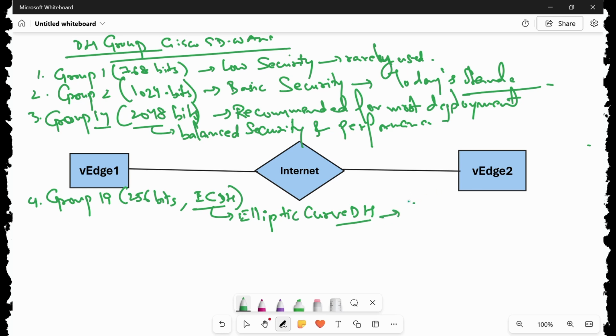And this one has a strong security and better performance.